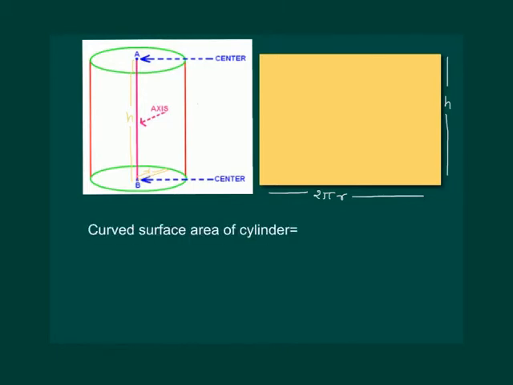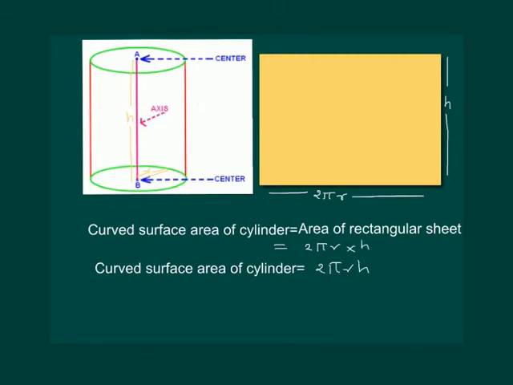Then the curved surface area of this cylinder is equal to the area of the rectangular sheet, which is equal to length into breadth, that is 2 pi r into h. So the formula for the curved surface area of the cylinder is 2 pi r h.